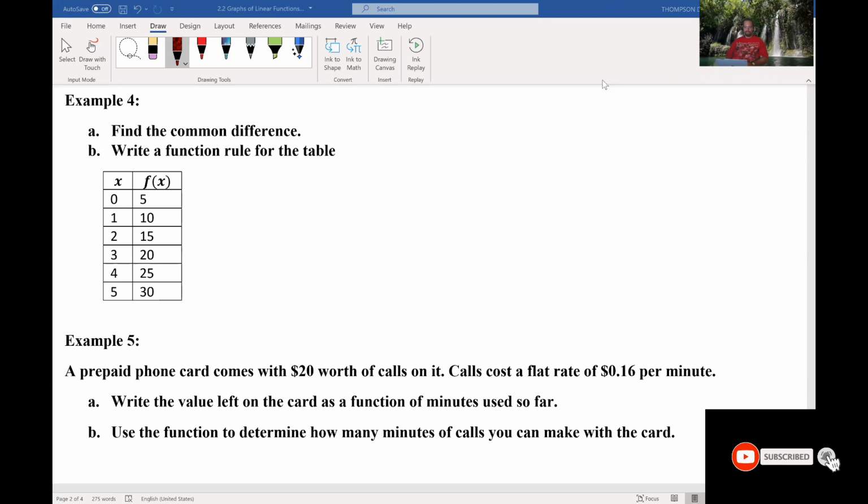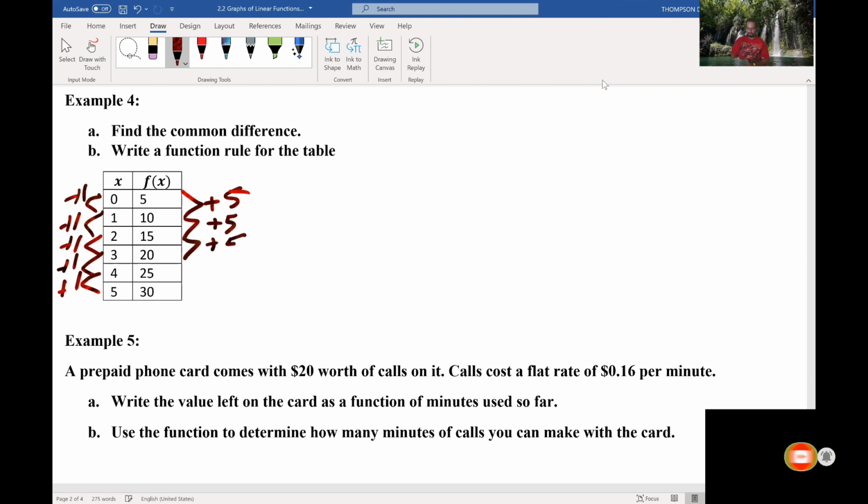Example 4. Find the common differences and write a function rule. So we look at the x and the y. The x values go plus 1, plus 1, plus 1, plus 1, and plus 1. The y values go plus 5, plus 5, plus 5, plus 5, and plus 5.